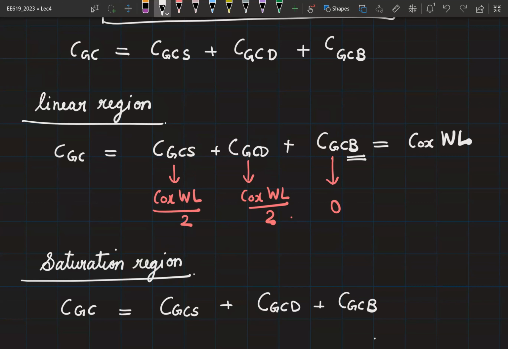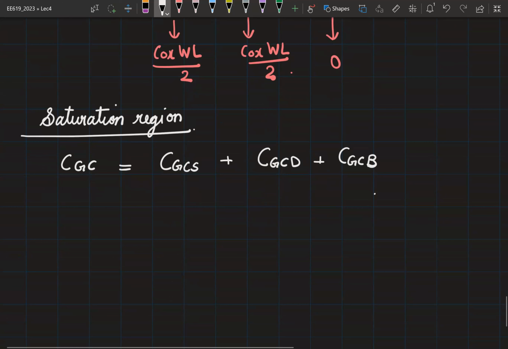Inversion layer is already there. In MOS capacitor, we saw that when the inversion layer is already there, the capacitance between that layer and the bulk was equal to 0, right? Because the capacitance was now between the gate as well as the channel, as well as the inversion layer, right? So same principle here as well, the CGCB goes to 0. So now under saturation region, you have a channel. Therefore, you expect this to be equal to 0.